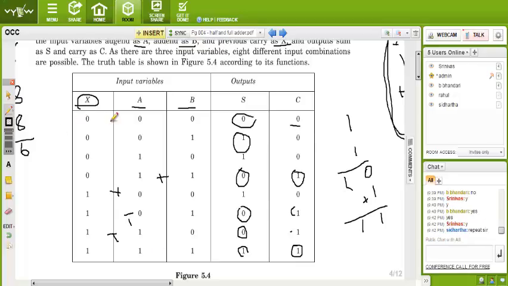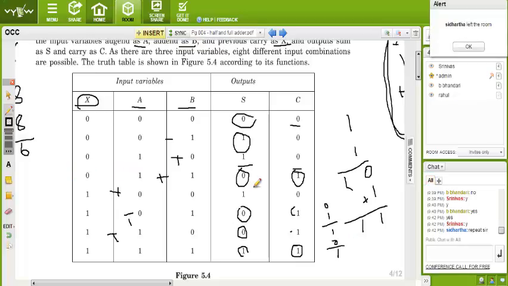See, if all are 0, then sum is 0, carry is 0. Now two digits are 0 and one is 1. So anything added with 0, it is 1. If you add 1 with 0, then 1 is produced, carry is 0. Now again it is the same, 0 plus 1, answer is 1, and if this 0 is added with that, the answer remains 1, no carry is generated. Now see, this is 0 1 1.